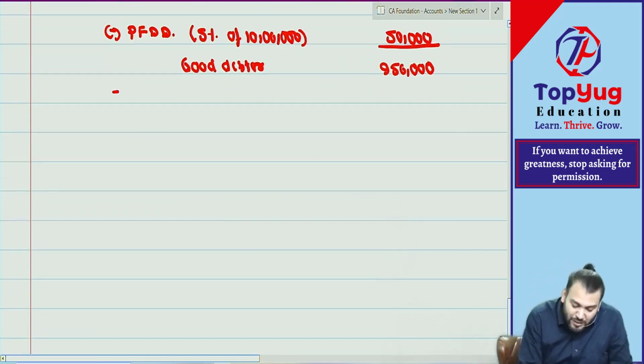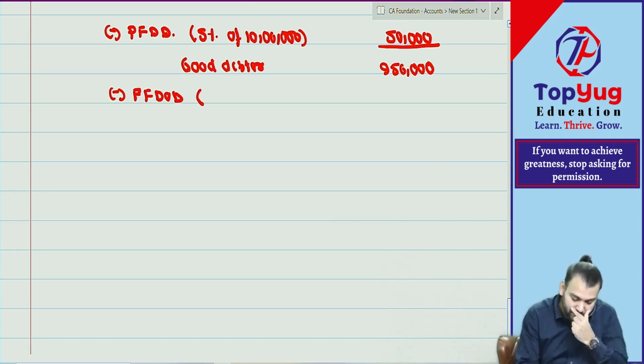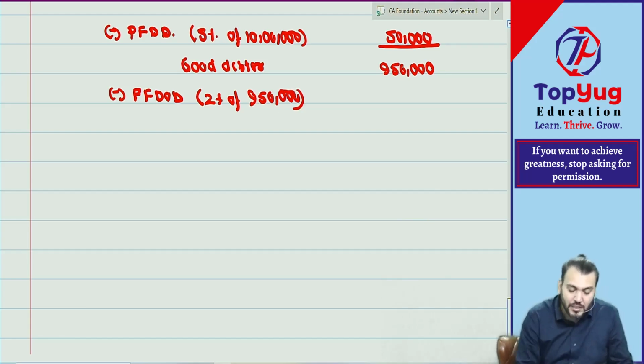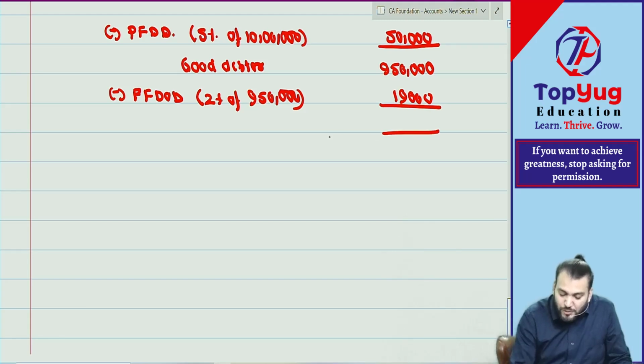So out of this, what is our expectation? Keep provision for discount on debtor will be what? 2% of what? 9 lakh 50,000. Have you understood this? Correct? Tell me, how much? 19,000. So this becomes net debtor to be shown in balance sheet. This amount will be shown in balance sheet.